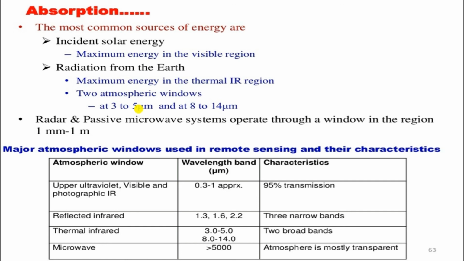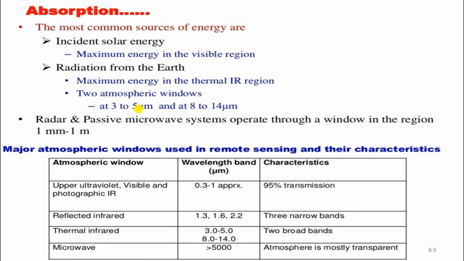The most common source of energy is solar energy, with maximum energy in the visible region. The second is radiation from the earth, with maximum energy in the thermal infrared region. The two atmospheric windows at 3 to 5 micrometer and 8 to 14 micrometer are used for remote sensing purposes.